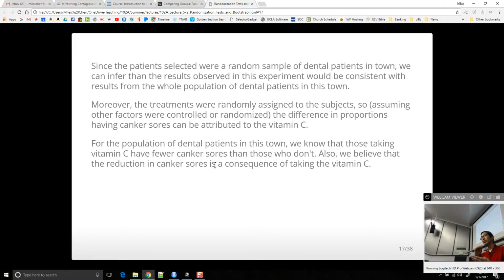So when you're designing a study, the best case scenario for every researcher would be to have random sampling plus random assignment. But in reality, it's almost impossible to have both. A lot of times you have to pick one.